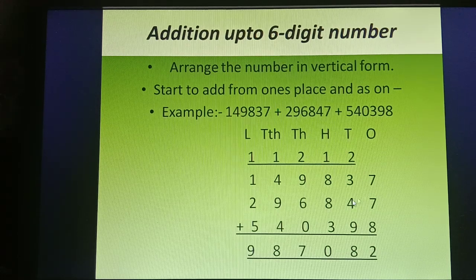So 2 plus 3 is 5, 5 plus 4 is 9, 9 plus 9 is 18, 1 again carried to hundreds place, 8 plus 8 is 16 and 1 is 17 plus 3 is 20, 2 will be carried to thousands place and 2 plus 9 is 11 plus 6 is 17, 1 again carried to ten-thousands place and 1 plus 4 is 5, 5 plus 9 is 14 and 4 is 18, again 1 is carried to lakh place and in lakh place when you add, the answer will be 9,87,082. In this way we will do the addition of 4-digit, 5-digit and 6-digit numbers.